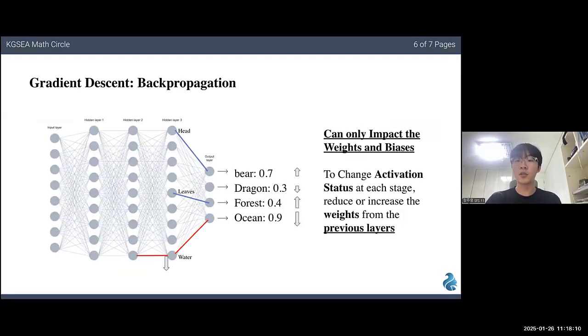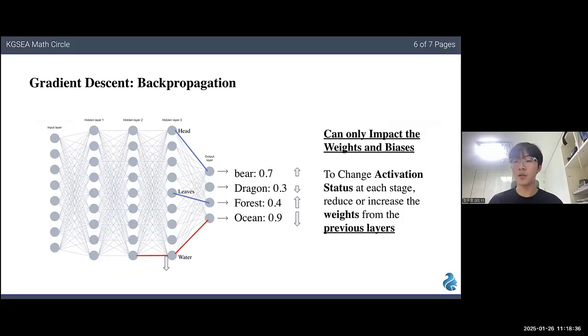Since there are multiple layers in the neural network, it's important to analyze what happens to each of the layers at each state. Because we can only impact the weights and biases of the program, we need to be able to decide which one should decrease or increase. In our example output of a bear, dragon, forest, and ocean, we can begin by deciding how much of each we need to alter.